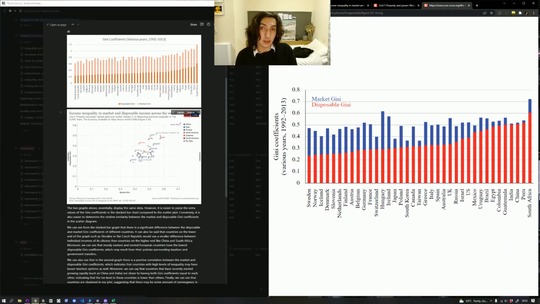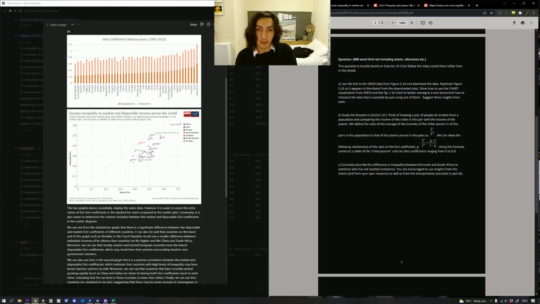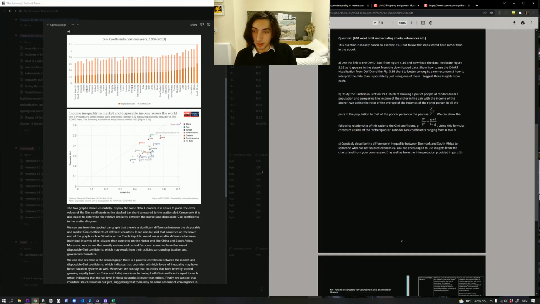We also want to put in the actual graph, okay? Now, it says here, show how, okay, I think this is an error, by the way. Show how to use the chart visualization from OWID and the figure 5.16 chart to better convey to a non-economist how to interpret the data than is possible by just using one of them.